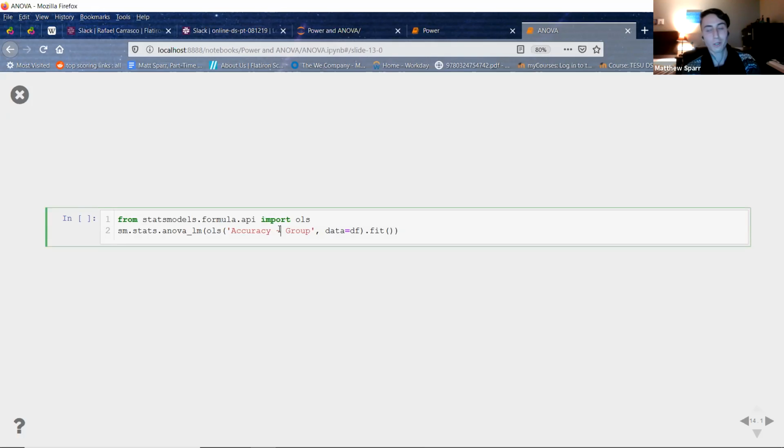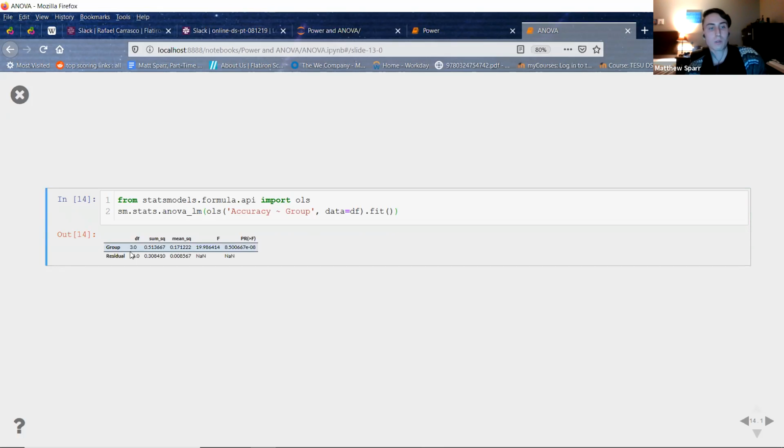All right, so now a third way to do ANOVA, still within statsmodels, is using the formula API. You have to write it out in this formula format, but it allows you to access the ANOVA table, which you can't get the other way. If we print this out, we get a really nice table. It has our degrees of freedom.